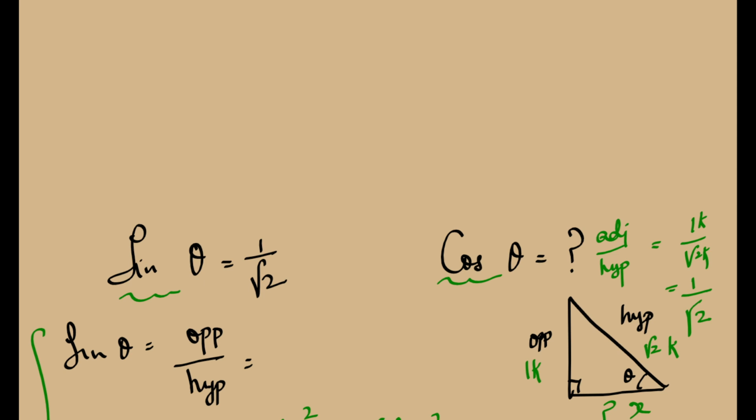For that matter, let's take another triangle. Let's consider a right angle triangle, and let's call the triangle ABC. It's right angled at B, and angle C is theta. This is the side opposite to theta.